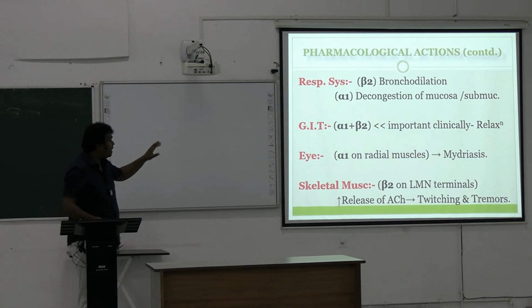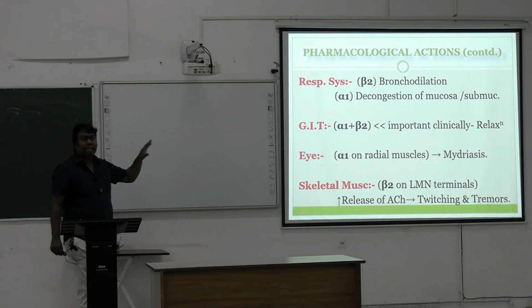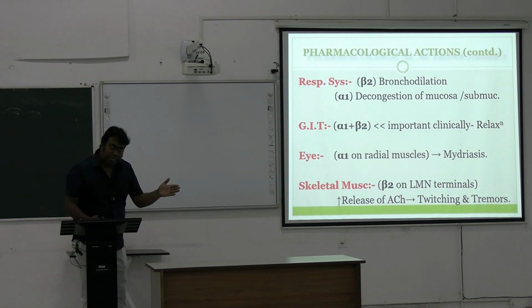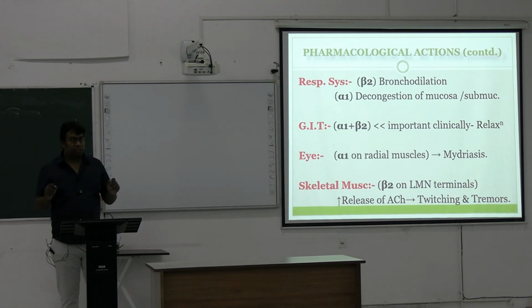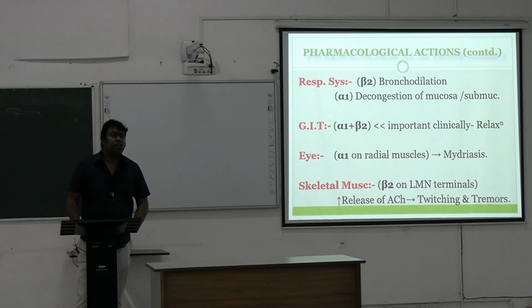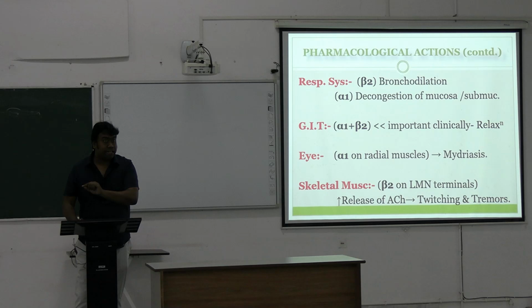In these cases, alpha 1 decongestion can be done by both adrenaline and noradrenaline, but the bronchodilation does not occur with noradrenaline. So the drug of choice in anaphylactic shock is adrenaline, not noradrenaline.